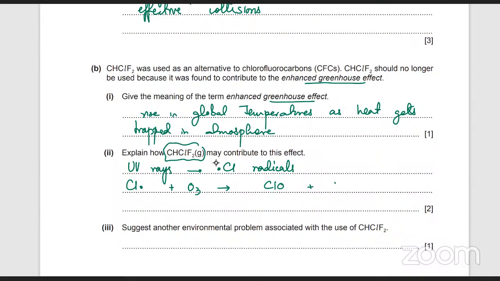ClO is another radical. This ClO radical will then further react with more ozone, form more Cl radicals, and more O2 molecules get produced. So the ozone basically overall gets converted into O2, so heat is not reflected back. Why? Because your ozone depletes.